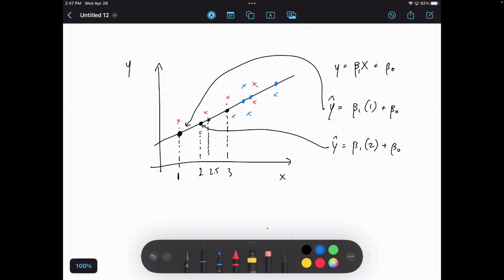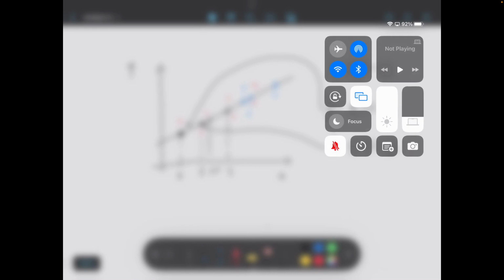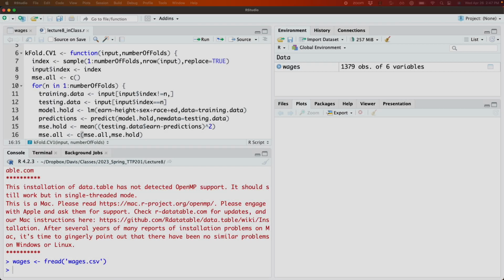So it would be those points. And then I can calculate my error for the blue points. So that's what's happening over here: now I'm predicting the points, and then I use those predictions to calculate my mean squared error as the difference between where it is on the line and where they are in reality.